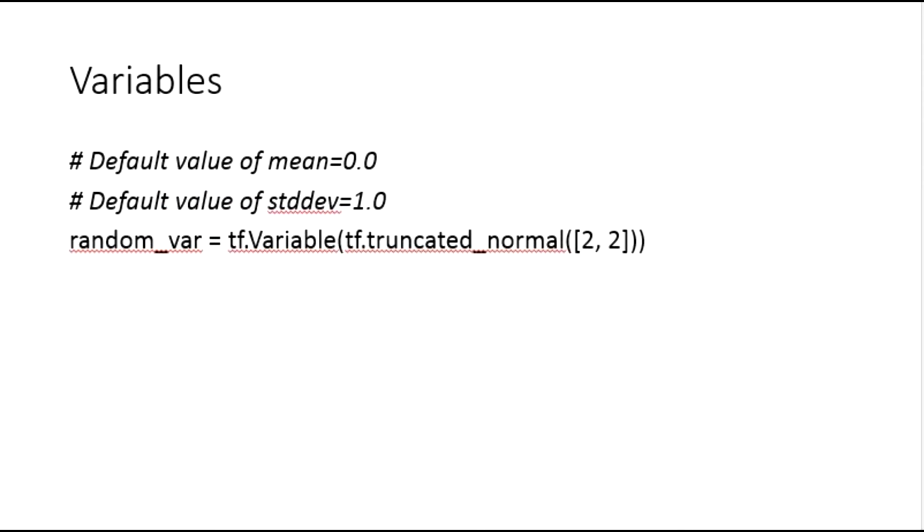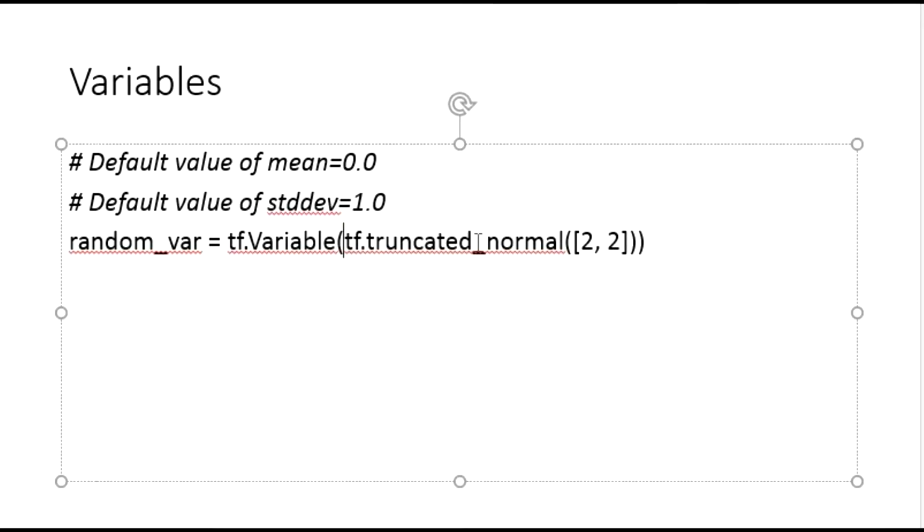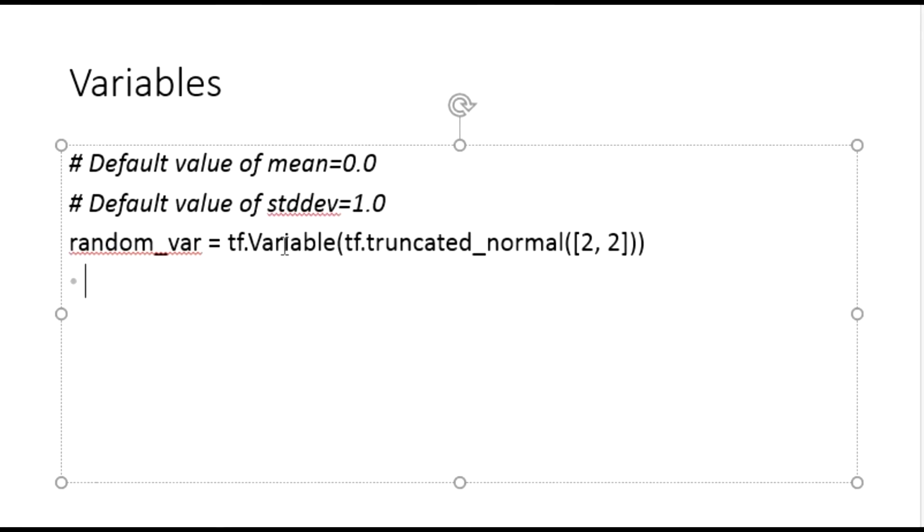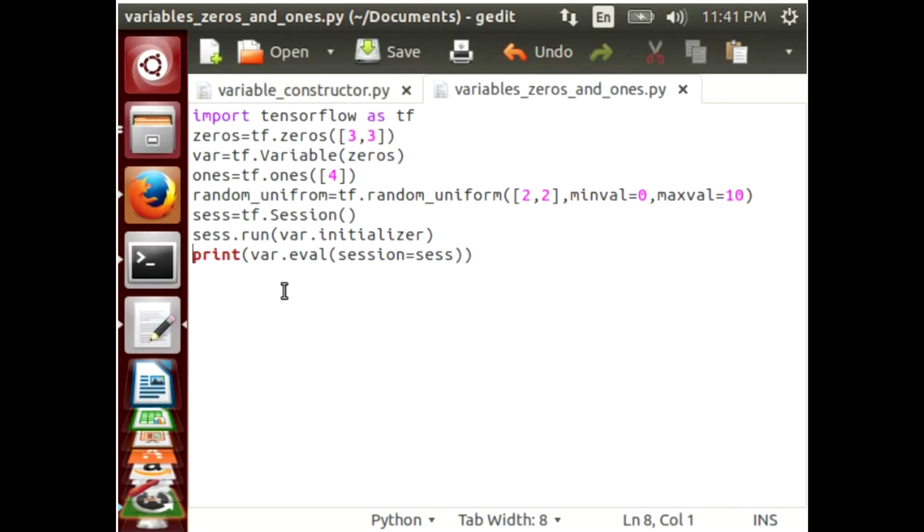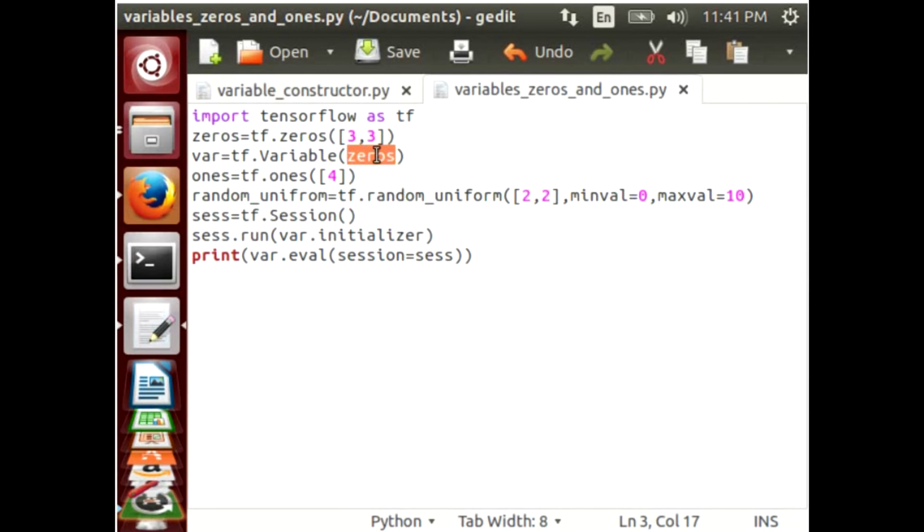Now you could have directly sent the output of the operation inside the variable constructor. So let's do this in Python. What I mean over here is something like this. Copy this part, and instead of this tensor name, you could just do this.